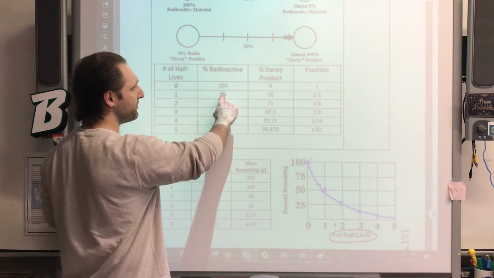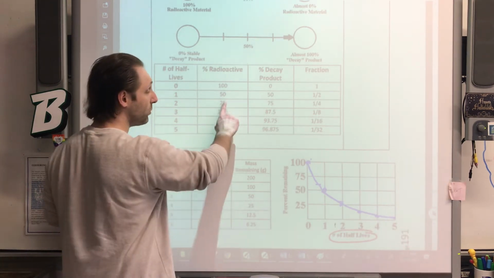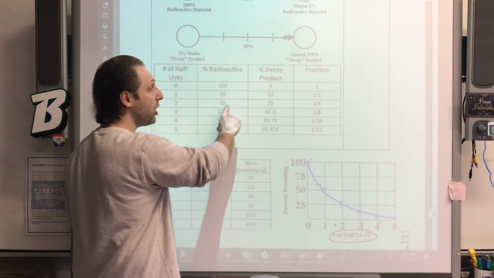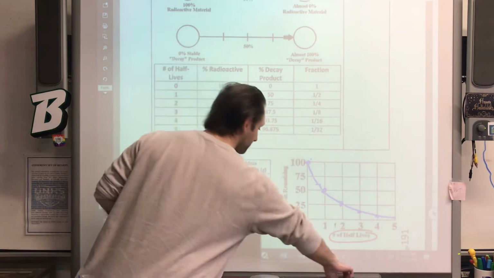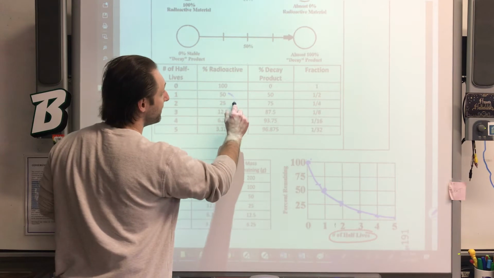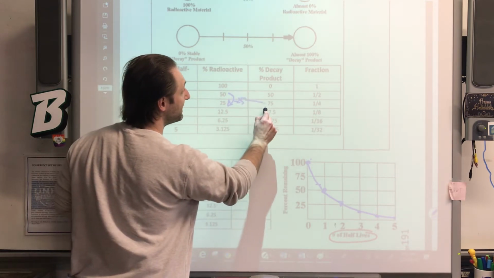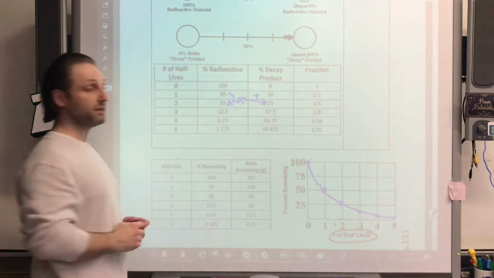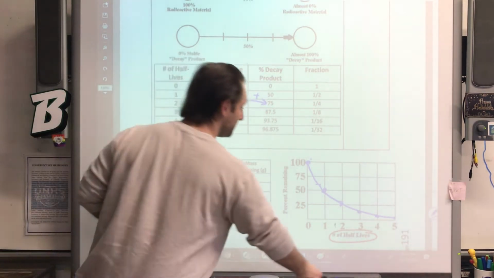So we're going to go from 50 to 25% radioactive. That lost 25 is going to go over to the 75. So in a way, we are losing 25 here, but it's being gained over here. So what we lose is then gained to the decay product.